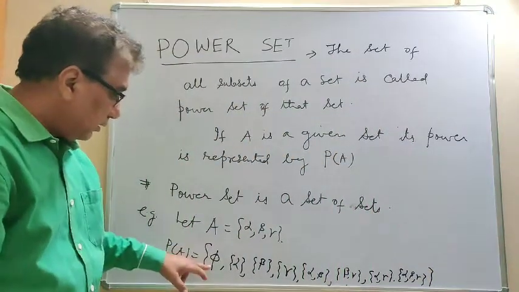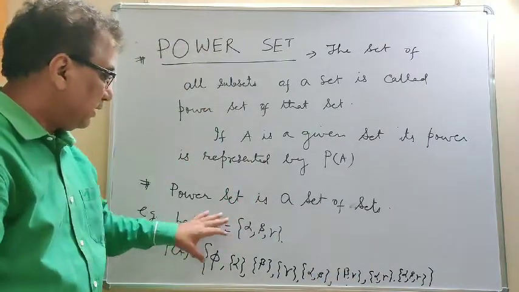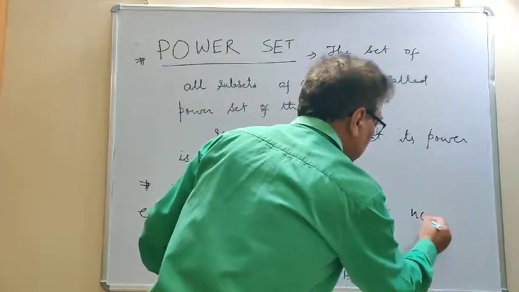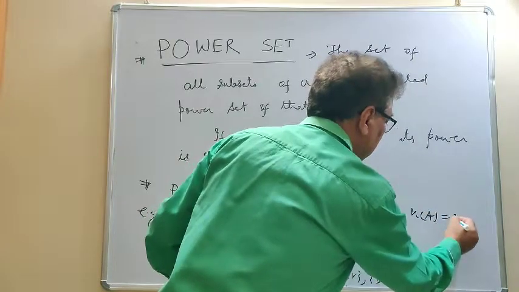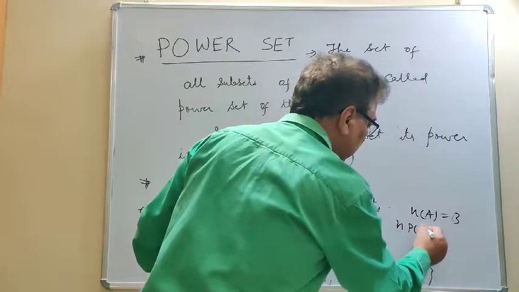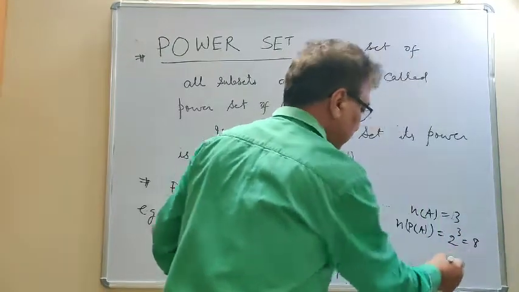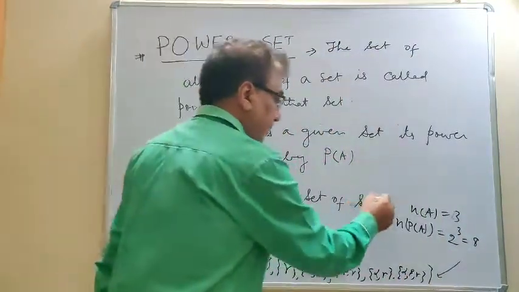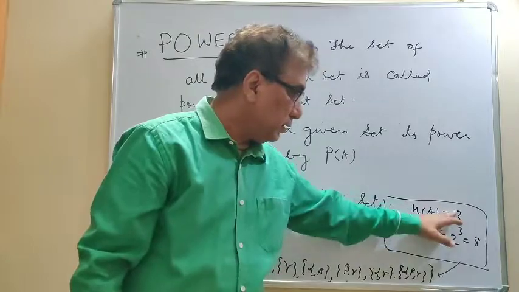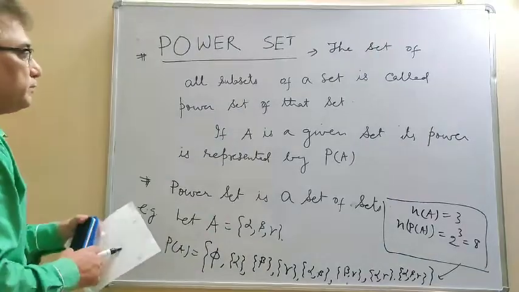So what we find is that the number of subsets is 1, 2, 3, 4, 5, 6, 7, 8, and the number of elements in A was 3. So n(A) is 3. Then number of elements in power set of A is 2 cube, that is 8. The same we find here. So this is how the elements of power set are calculated by this method 2 power n that we have already discussed in the previous video.